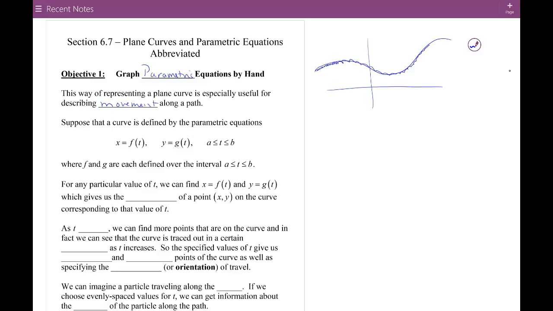So suppose we have a curve defined by these parametric equations: x equals some f of t and y equals some g of t for t in a particular range of values between a and b.